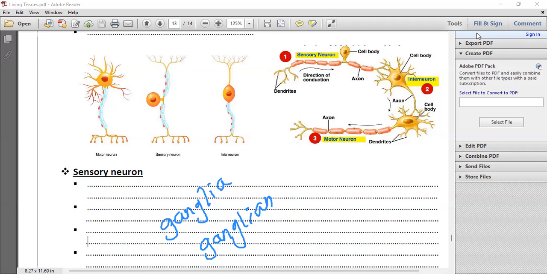You can write the meaning in brackets: a cluster of nerve cell bodies, or a collection of nerve cell bodies. A collection of nerve cell bodies is called a ganglion.